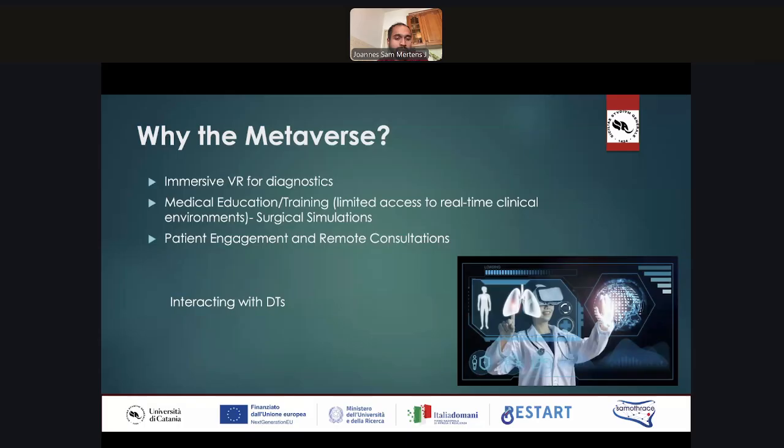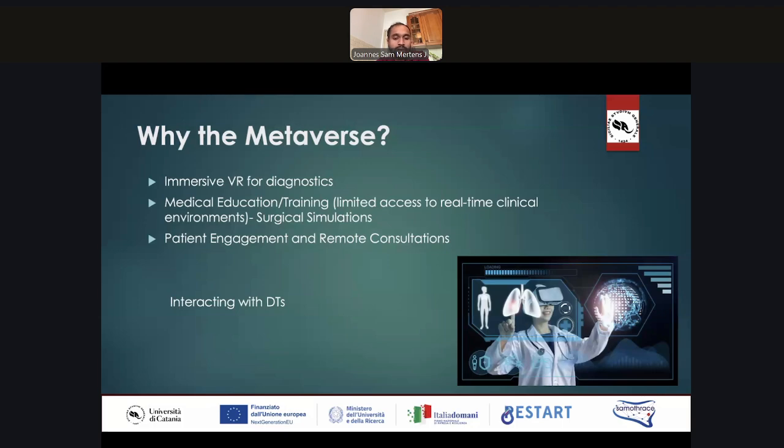For example, a patient can consult with a doctor from a different country, and the doctor can analyze the patient's organs from a different place. And also when you're in a metaverse environment, the doctor can prepare for a surgery.